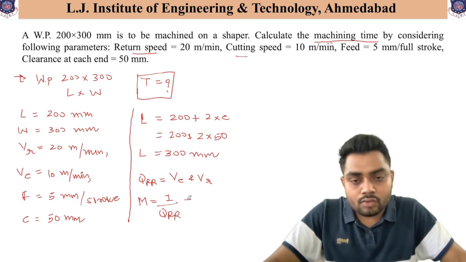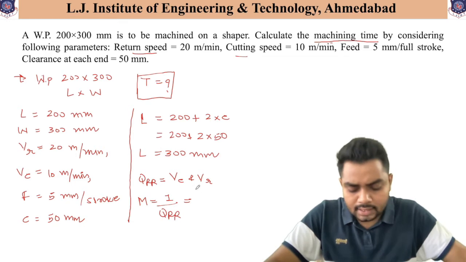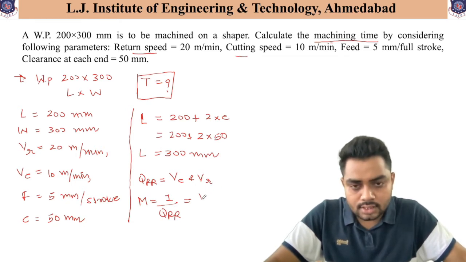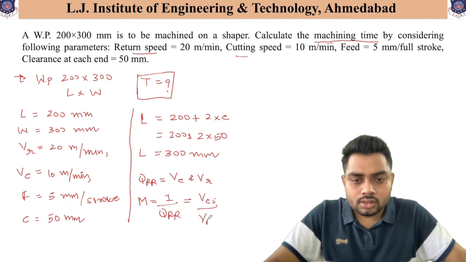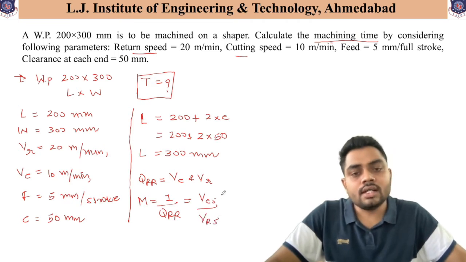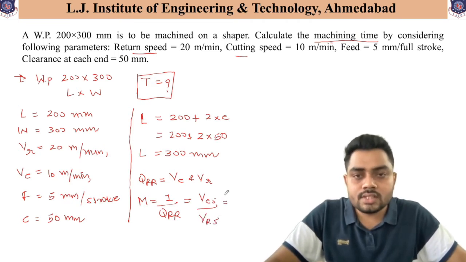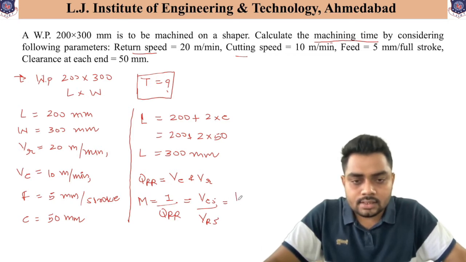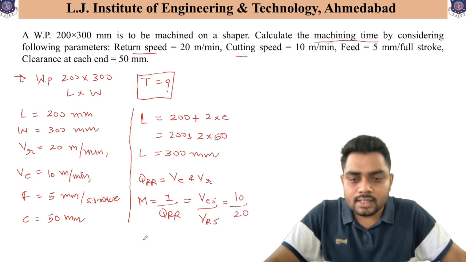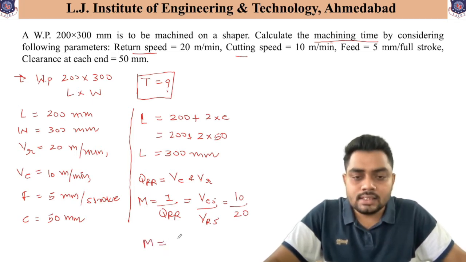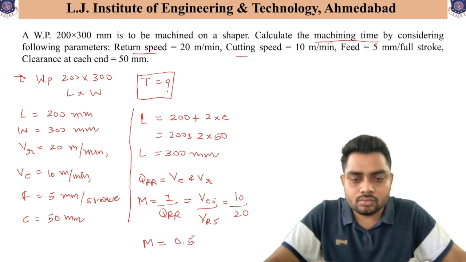So you will write it as velocity of cutting stroke divided by velocity of return stroke. What is the velocity of cutting stroke? That is 10 divided by 20. So we will get the value of m as 0.5.